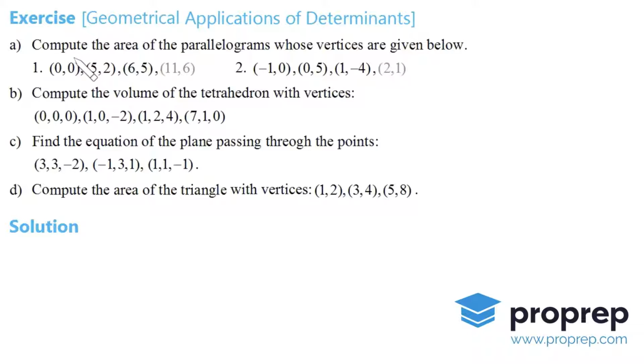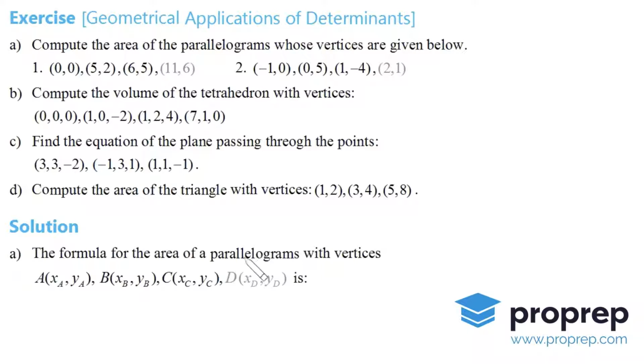Part A is actually subdivided into two parts. We have to compute the area of parallelograms given their vertices. I'll give you the formula in a moment. You might be wondering why I wrote this fourth point in gray. It turns out that for a parallelogram, you really only need 3 points.